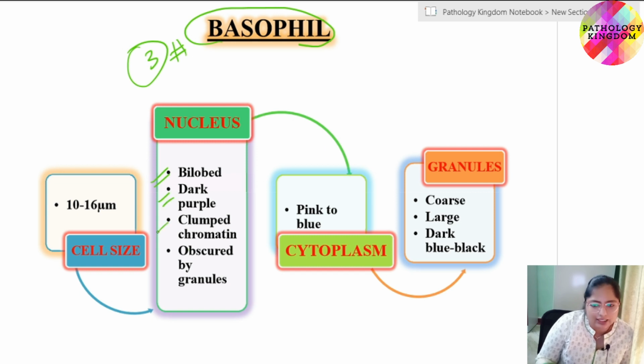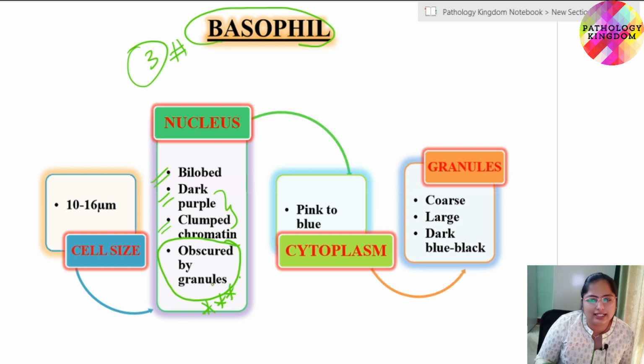Dark purple chromatin, these 2 points are also the same for all the 3 granulocytes. Now this is the important point. The nucleus is obscured by granules. The granules will cover the nucleus. It is not visible. You can only see the coarse granules which obscure the nucleus.